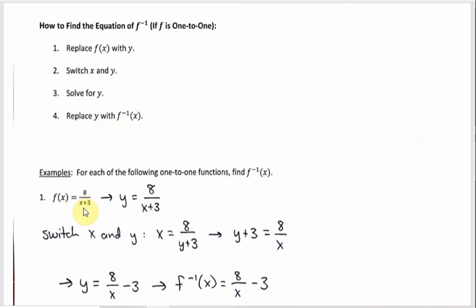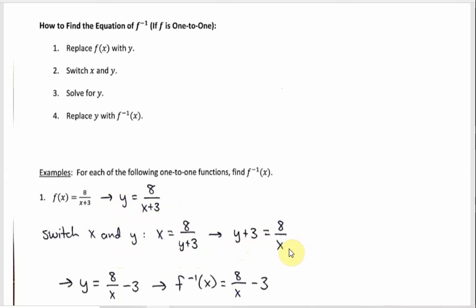If f of x is 8 over x plus 3, here's the first step, just replacing f of x with y. Then switch x and y. So x equals 8 over y plus 3. It looks like the previous one, just with the x and the y in different spots. And then from here, you just have to solve for y. If x is equal to 8 over y plus 3, then y plus 3 must be equal to 8 over x.